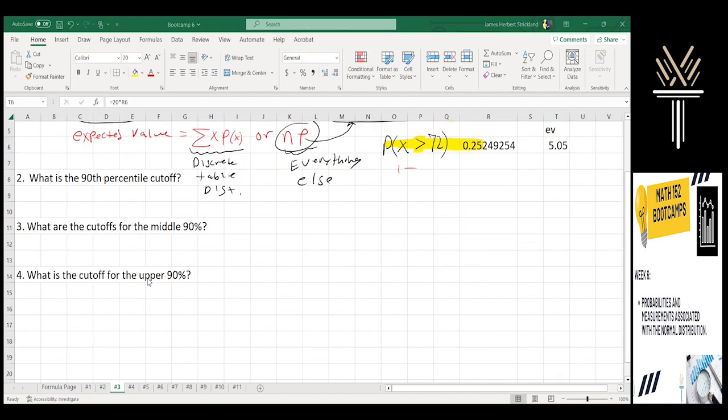Vocabulary question, feel free to put in the chat here. What exactly is a cutoff? Is it a probability or is it a measurement? What do you think? What do we mean by that word?